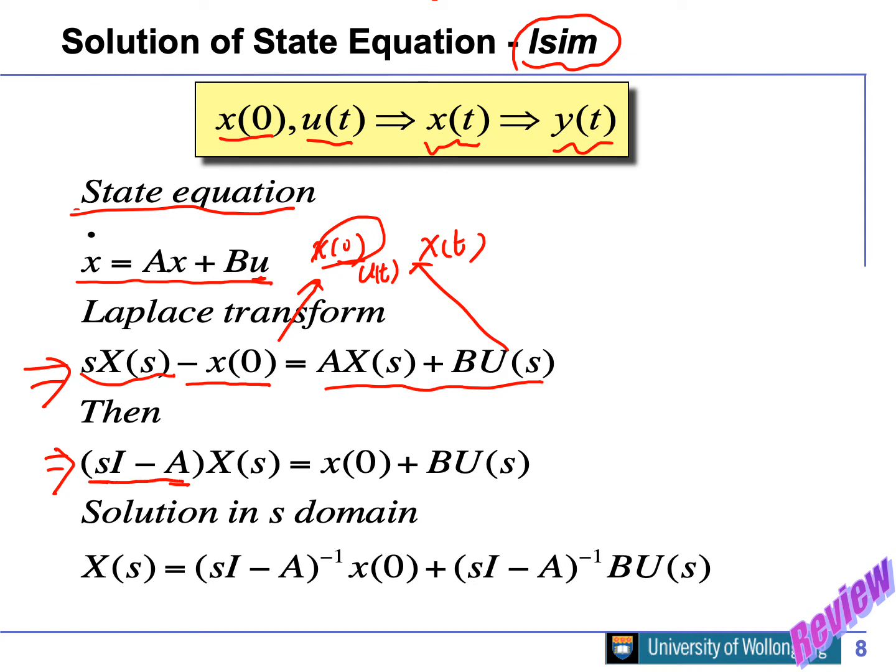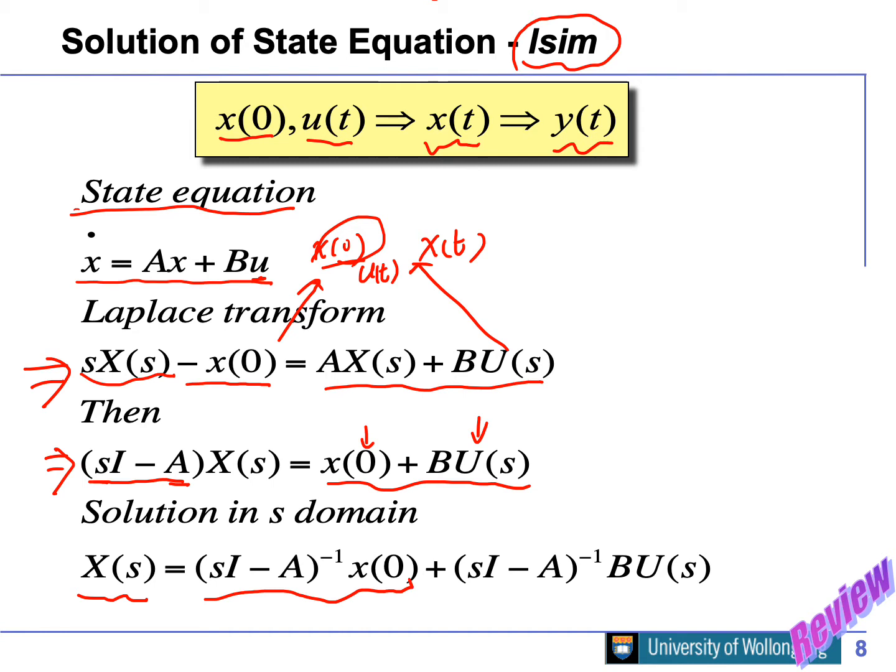On the right hand side, this is something we already know. This is our control signal. This is our initial condition. In many cases, this is just 0. Sometimes it's some constant value, but these things are what we know. Then for the solution in the S domain, we just divide by sI minus A on both sides. So the solution here has two parts.